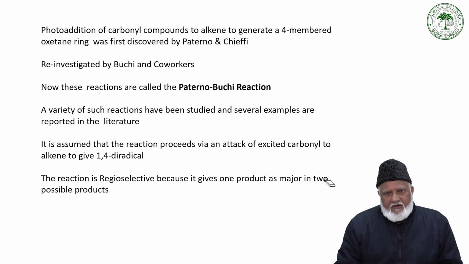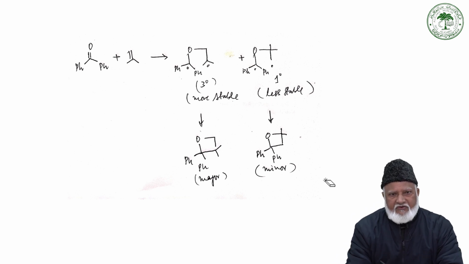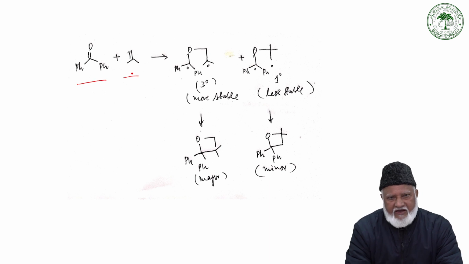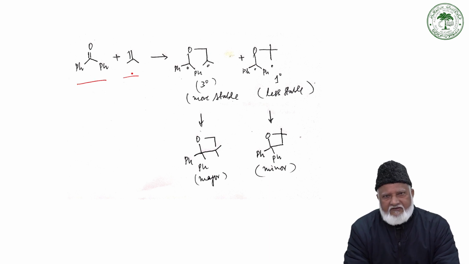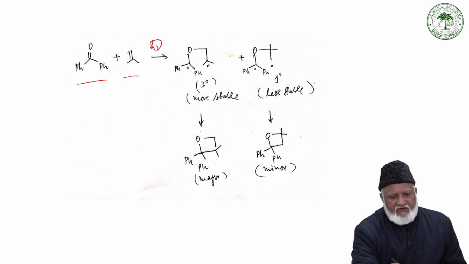As a representative example, the addition can be represented like this. The carbonyl compound adds to an alkene, and you can see this alkene is a dimethyl-substituted ethylene, an unsymmetrical alkene. In the presence of light, the carbonyl goes to an excited state.